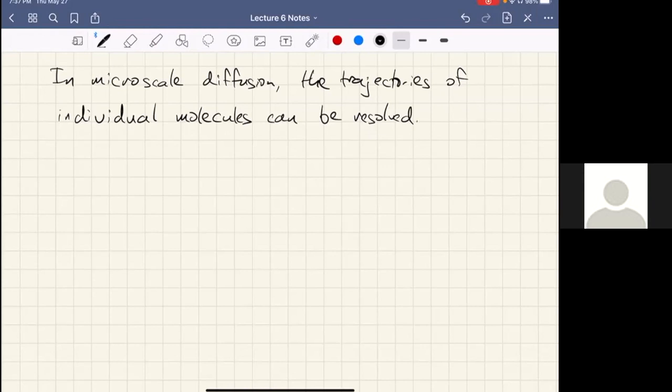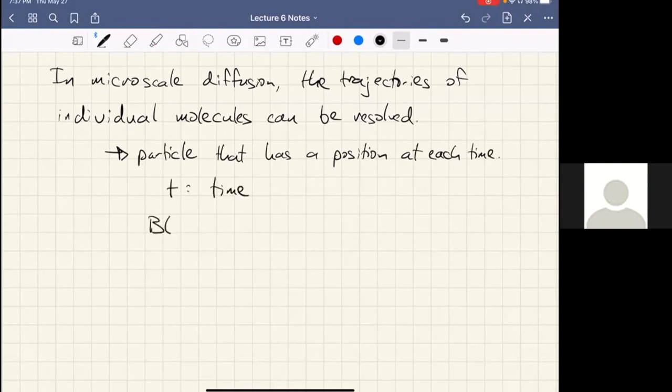What I'm going to do is define the particle that has a position at each time. So my time variable is going to be t, and the position, I'm going to call b of t. B here refers to the fact that it's a Brownian motion.